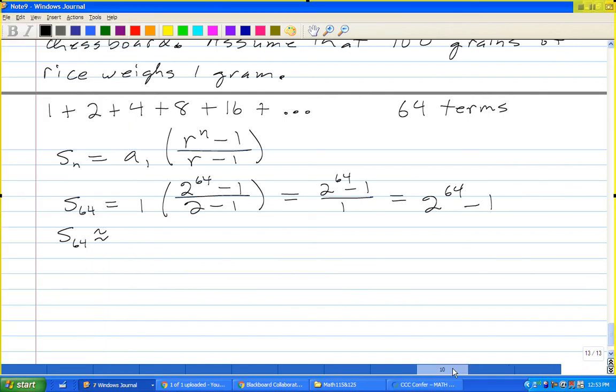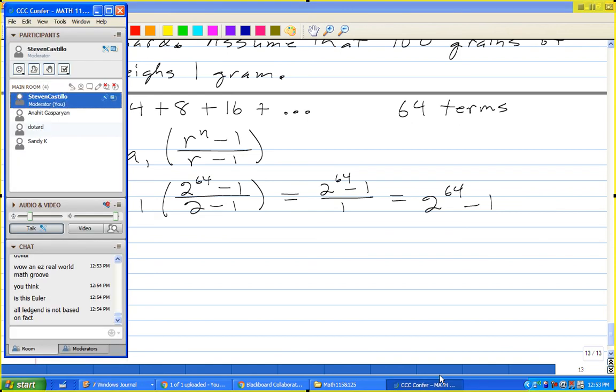This is an old Arabic tale. It was in literature. This is not from a mathematician or anything. It's actually one of these Persian tales. Yeah.